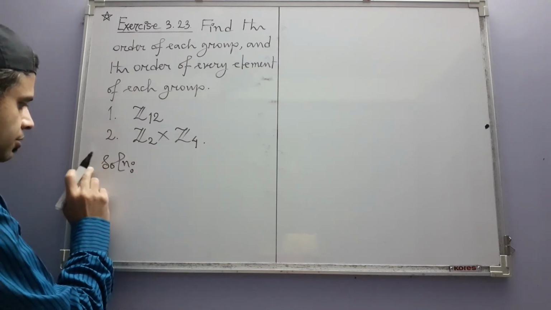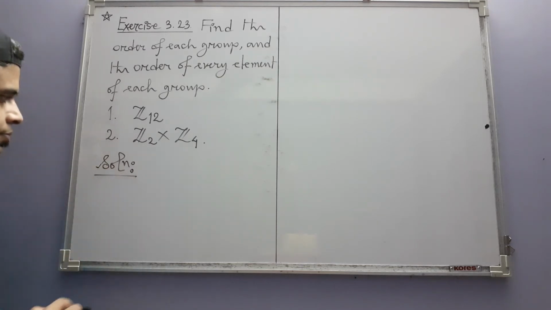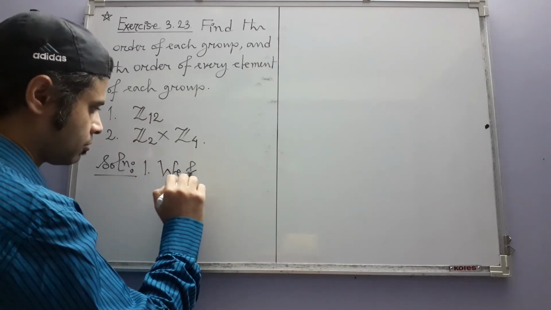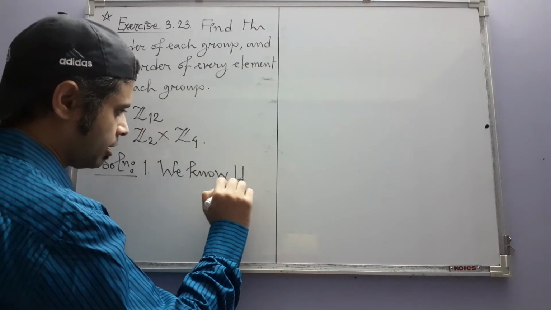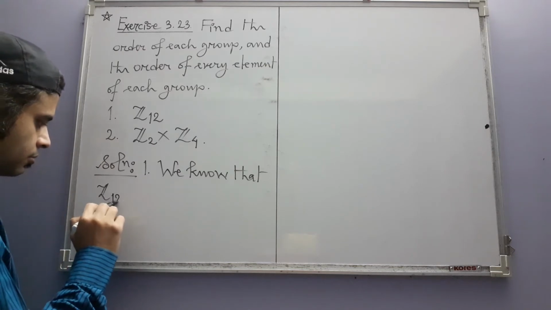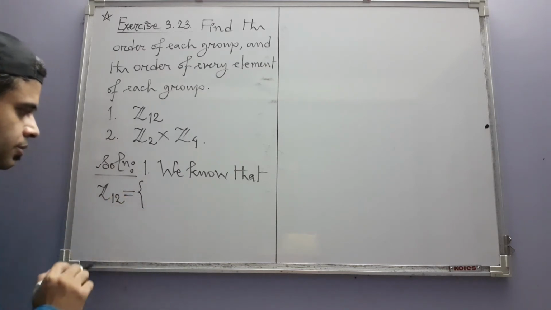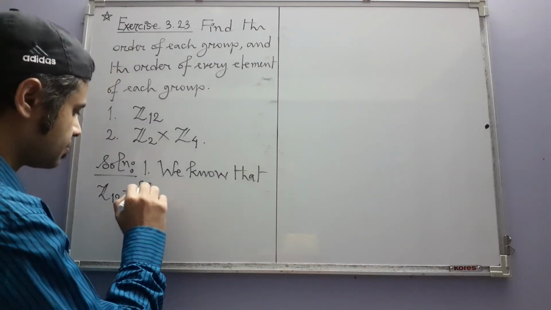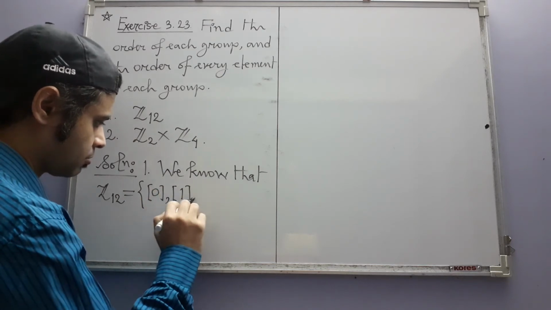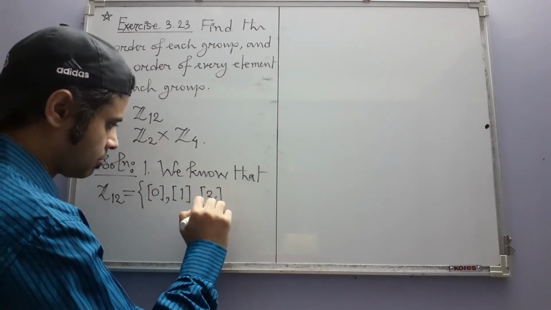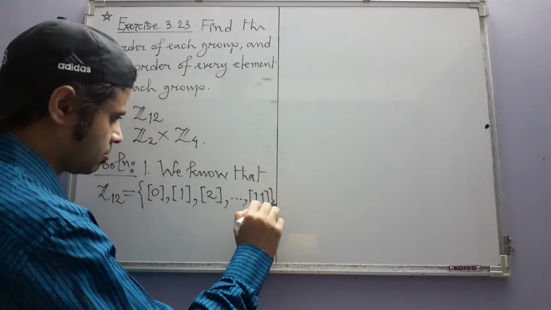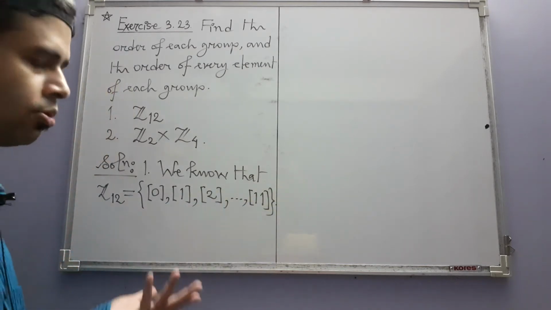So the first group is Z12. We know that the elements in this group are these 12 congruence classes, which we know what they are.